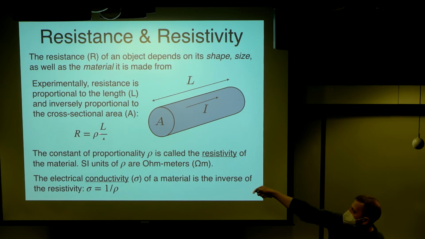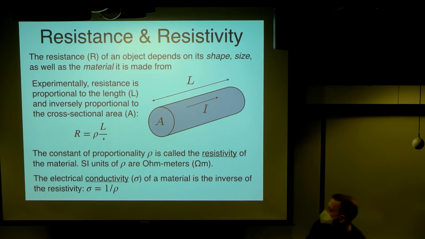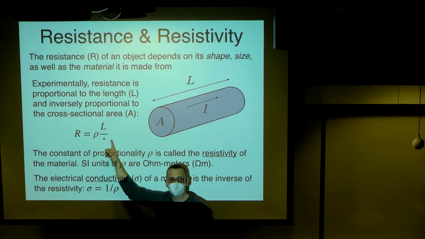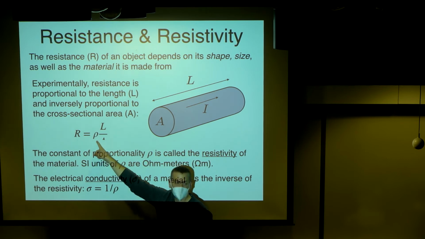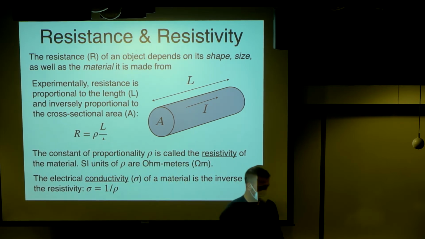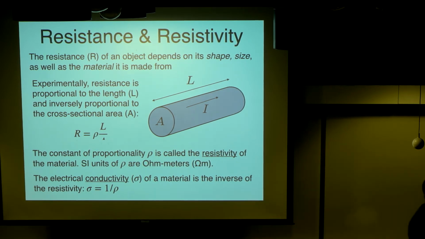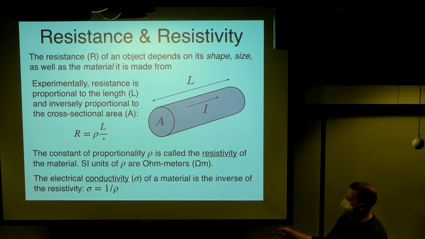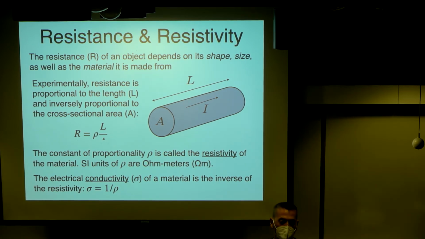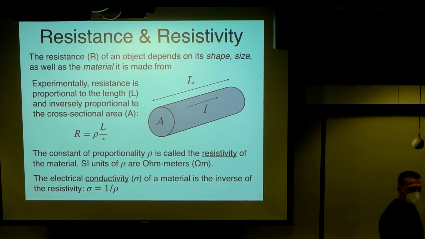R is equal to some constant, which we'll call rho, times L divided by A. I'm not sure why it's not showing up, but there should be an A on the bottom right here. Just take note of that. R is equal to rho times L divided by A. Again, L is the length of the material, A is the cross-sectional area. Rho is our constant of proportionality in this equation. It turns out rho is a property of your material. It's called the resistivity of your material.